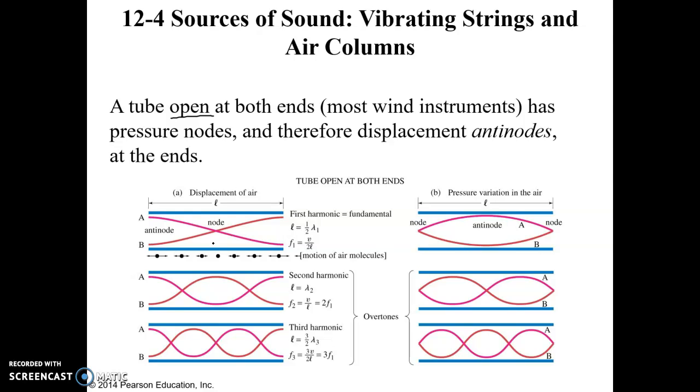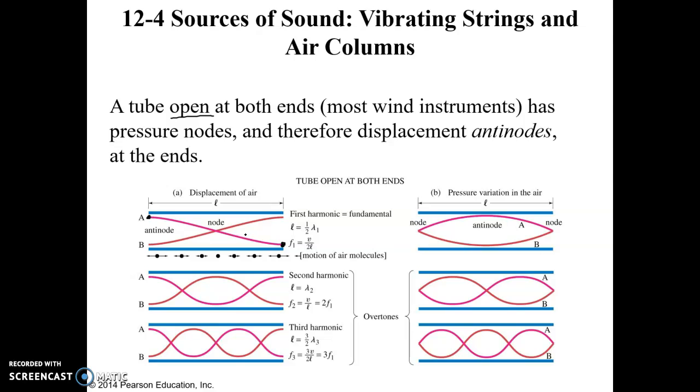So we can start with the first harmonic, where we have the high point of the wave and the low point of the wave, both at the open end of the length of our tube.